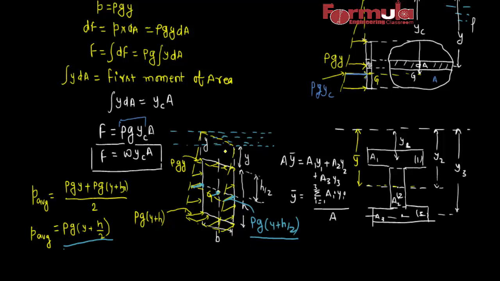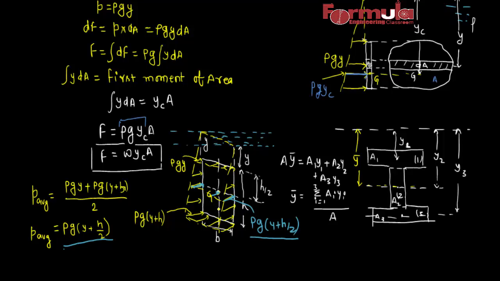So from this example it is clear that the pressure intensity at the center of gravity, in case of a vertical plane surface, is actually representing the average pressure intensity over the plane surface.